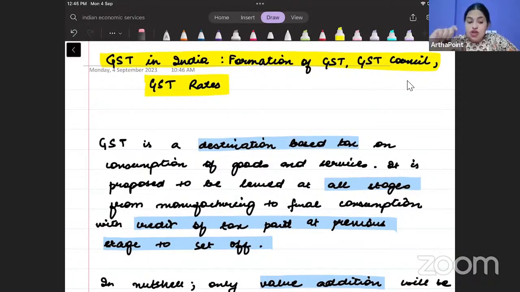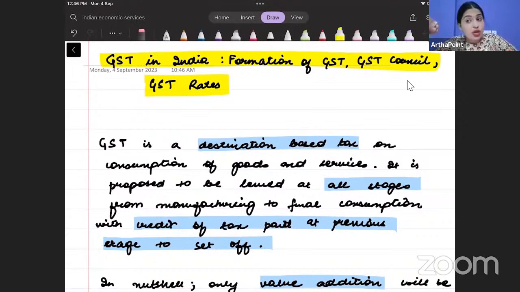सो डेस्टिनेशन बेस्ड टैक्स क्या हो गया? वो टैक्स जो जहां पर एक गुड की डेस्टिनेशन है, अगर वो वहां जाके लगता है, इफ इट इज implied on the destination, the consumption of good and service, then it is called a destination based tax. ऐसे ही एक बर्गर लेते हैं, हाँ, तो बर्गर बनाने के लिए एक शॉपकीपर ने कहीं से बन खरीदा, कहीं से टिक्की खरीदी, उसको उसने अच्छे से अलाइन किया और आपको आगे सेल किया.